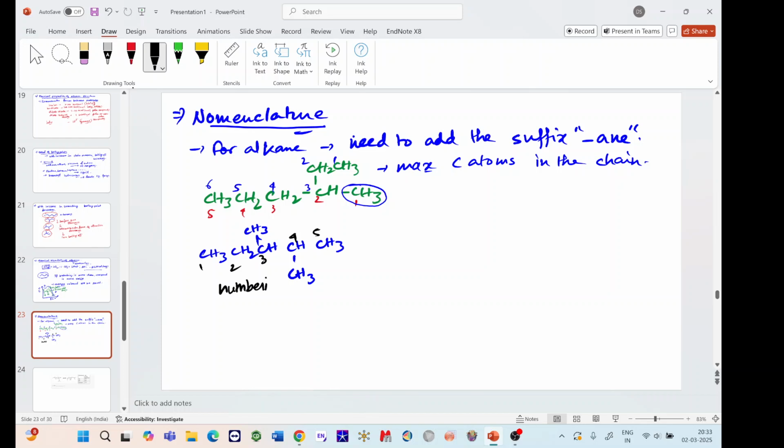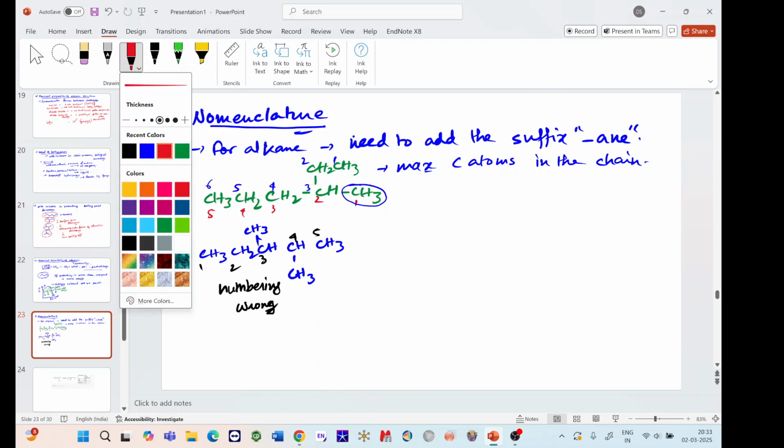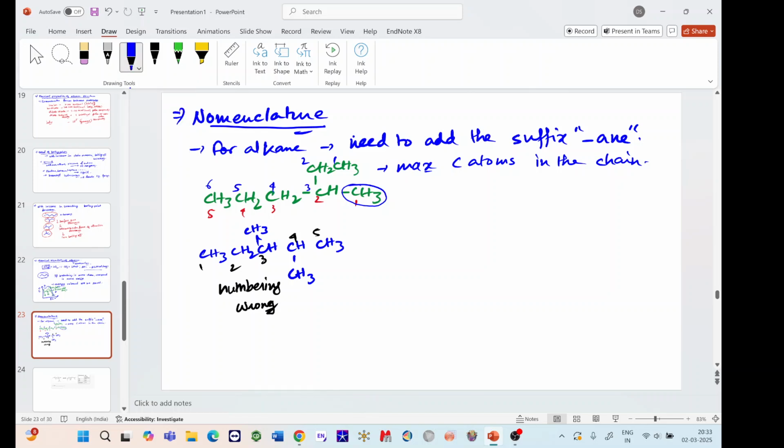Numbering wrong. If I do it the other way, so CH3, CH2, CH, CH3, CH, CH3, CH3, I start from here, 1, 2, 3, 4, 5.